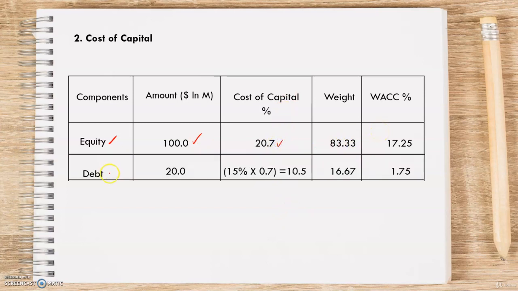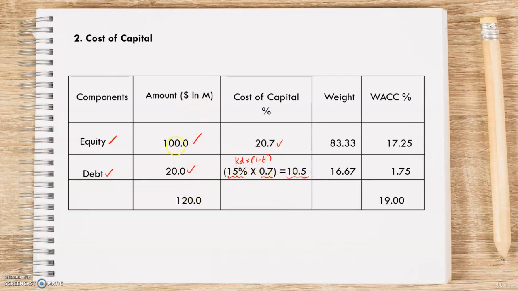I'll come to the weightage a little later. What about the debt? It is 20 million. And what is the cost? We know 15% is the cost of debt. So it's basically KD multiplied by 1 minus T, so multiplied by 1 minus the tax rate of 30%, 0.3. 1 minus 0.3 is 0.7. 15% into 0.7 is equal to 10.5.